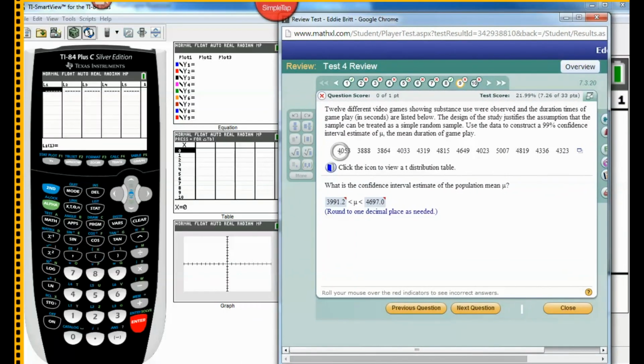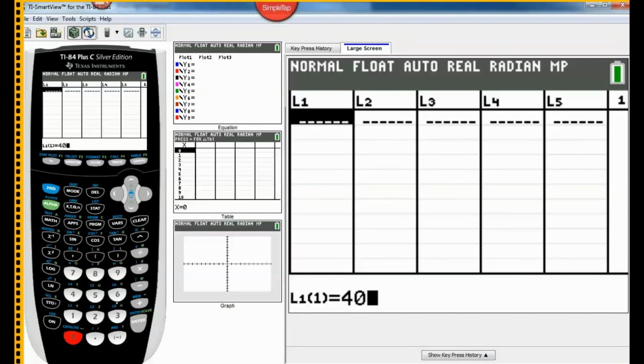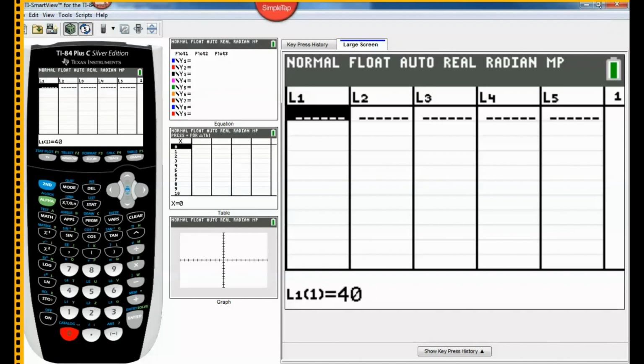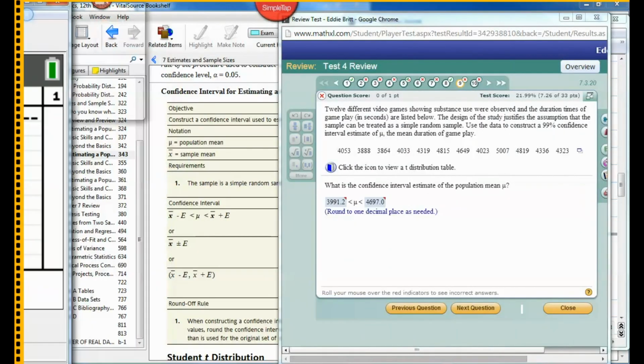So here's my data set right here. I'm going to put this in the calculator. I'm going to type all of these in real quick. It may not be as quick as I would like, but that's okay too.